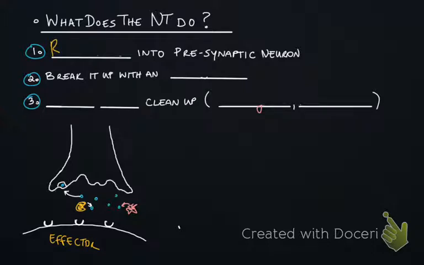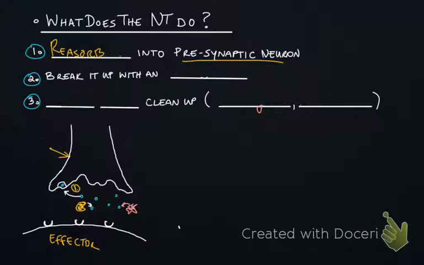It can reabsorb back into the presynaptic neuron. So that's a new word. The presynaptic neuron just means the neuron before the synapse. So that would be the presynaptic neuron. And that's what we're seeing happen here. Our neurotransmitter, the little blue dot, is being reabsorbed back into the presynaptic neuron.